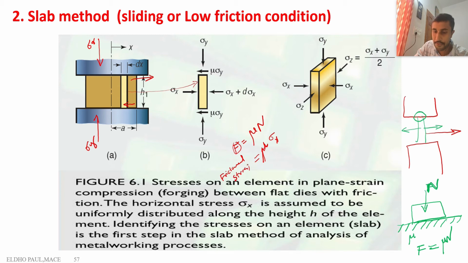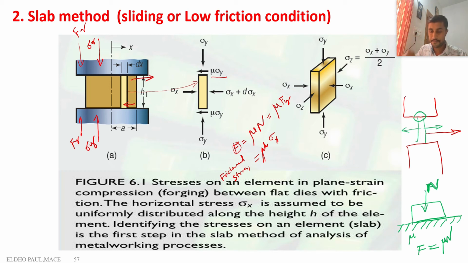If it is a friction force, it is equal to mu times the applied force Fy, since the normal force will be Fy, so mu Fy will be the frictional force. Here it is the frictional stress, mu into sigma y, because in the vertical direction we apply the stress sigma y.